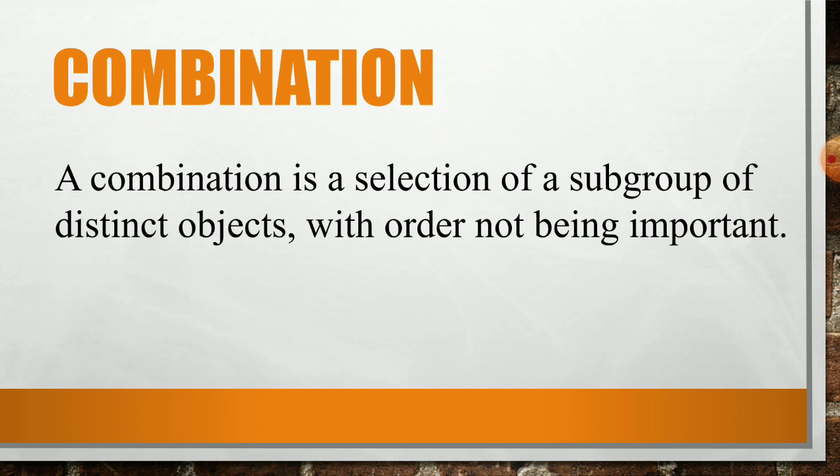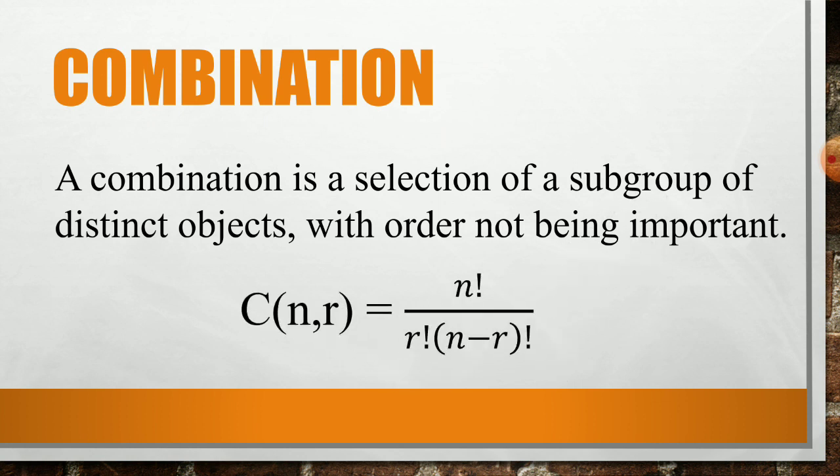The equation for obtaining the number of ways of selecting r objects from n objects, disregarding order, is: the number of combinations is equal to n factorial divided by r factorial times the quantity n minus r factorial.